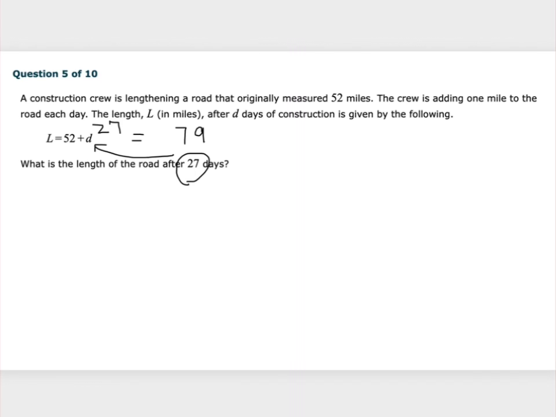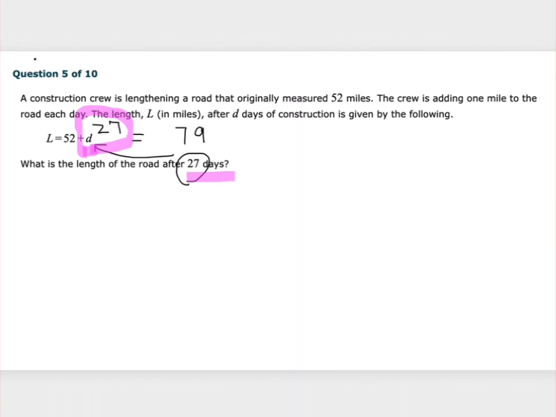Okay, question number 5. A construction crew is lengthening a road that originally measured 52 miles. The crew is adding 1 mile to the road each day. The length L in miles after D days of construction is given by the following. So they tell us that D is the number of days. Now what is the length of the road after 27 days? We're going to put 27 where the D is in the little equation.